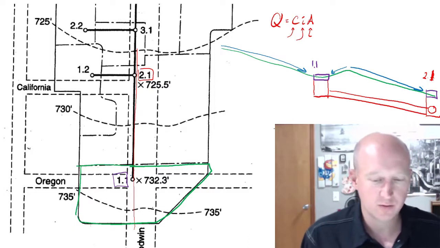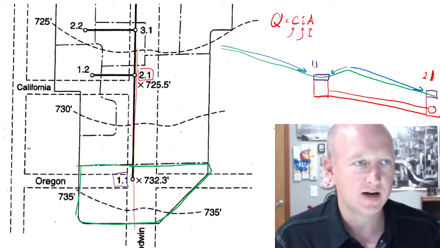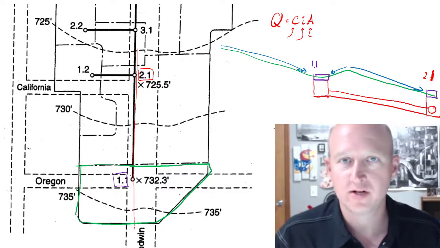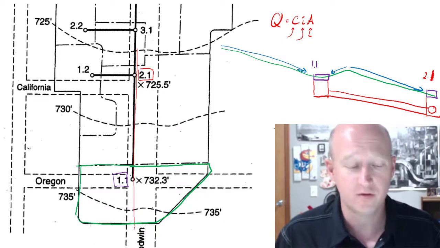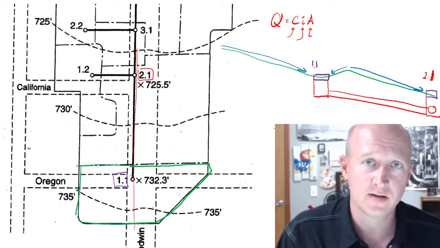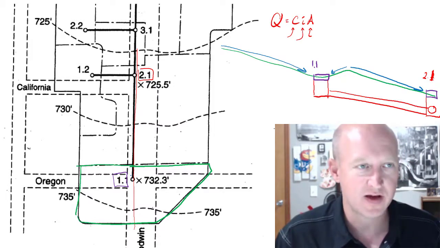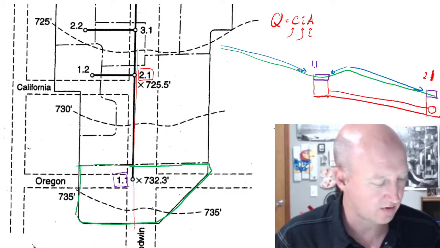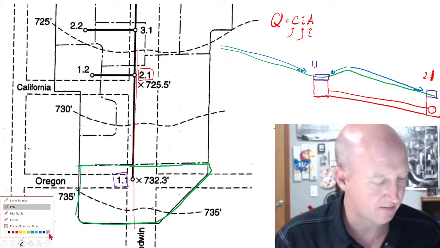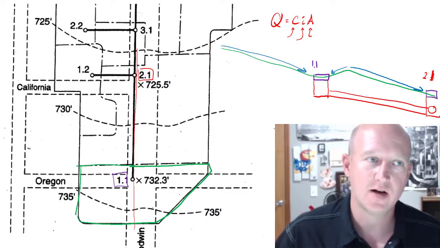And what we want to do is ensure that we are using the duration of storm that corresponds with the most runoff going into that inlet. And what it turns out to be the case in most situations is that we want to use the duration of storm that corresponds with the time of concentration for that area.